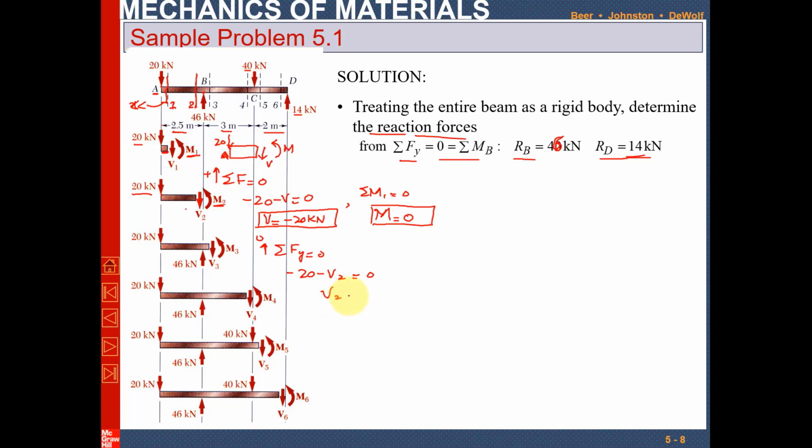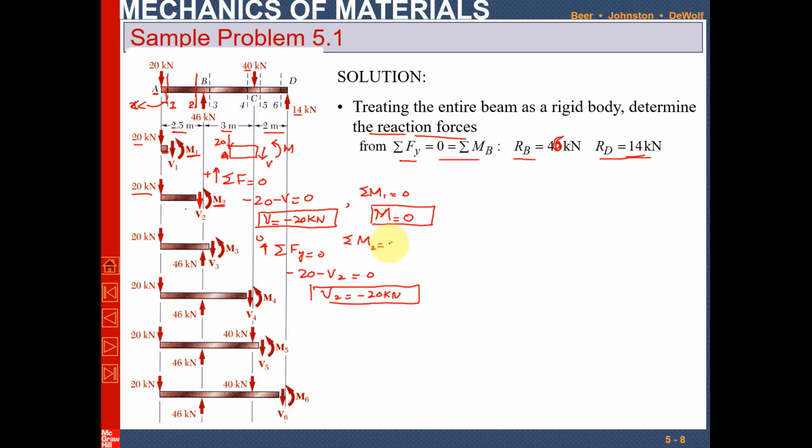So V2 is equal to minus 20 kilonewton, which is the same as V1. It means that after point A and before point B, the shear force is constant. Clear?